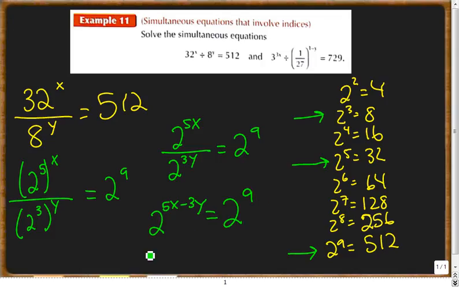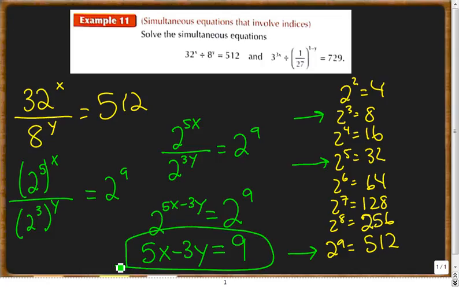Now that we have the same base, we can say 5x minus 3y equals 9. This is not an answer, but we're going to come back and use it later. This is that statement I was telling you to make. This is a line right here. It may not be in y equals mx plus b form, but it is an equation of a line.